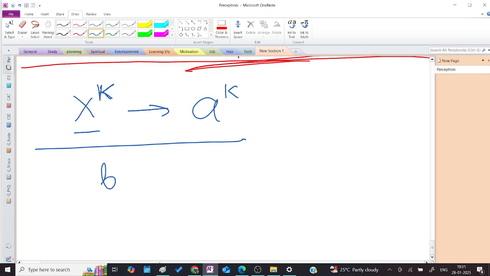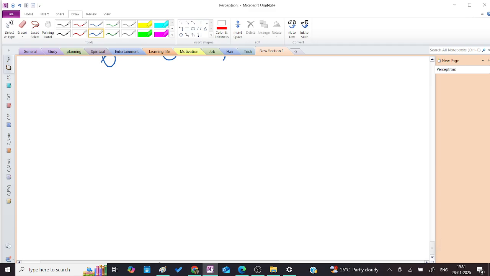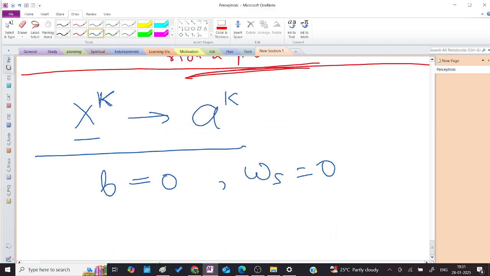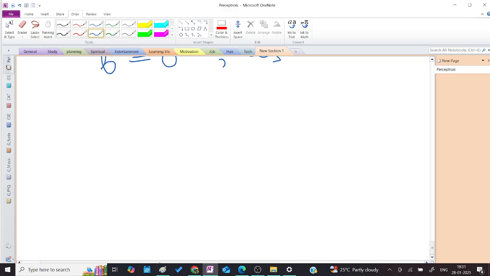We will set the bias value b to 0 and the weights also to 0. And then we will perform two steps for n number of times. What are those two steps? First, we will find this value.